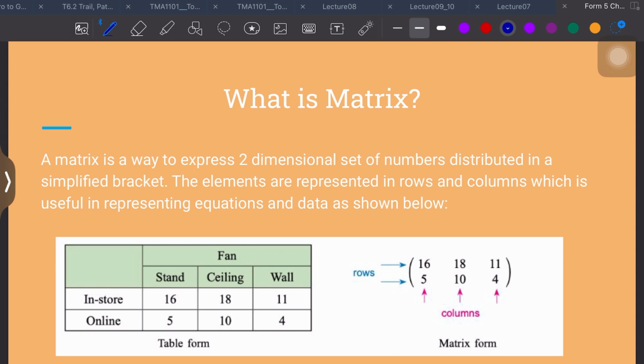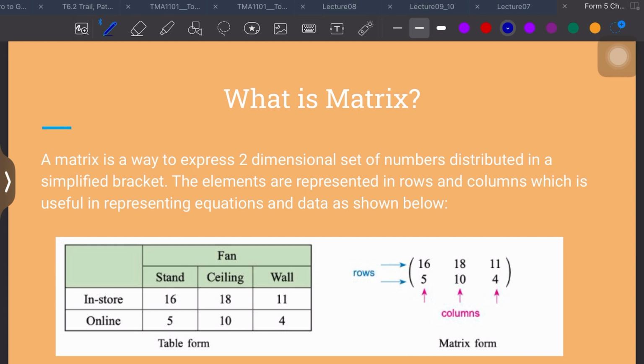Let's go. What is matrix? A matrix is a way to express a two-dimensional set of numbers distributed in a simplified bracket. The elements are represented in rows and columns, which is useful in representing equations and data as shown below.